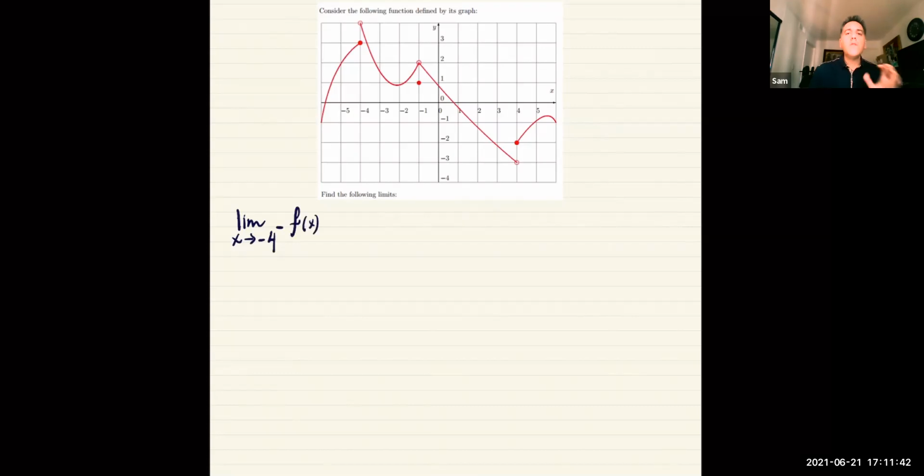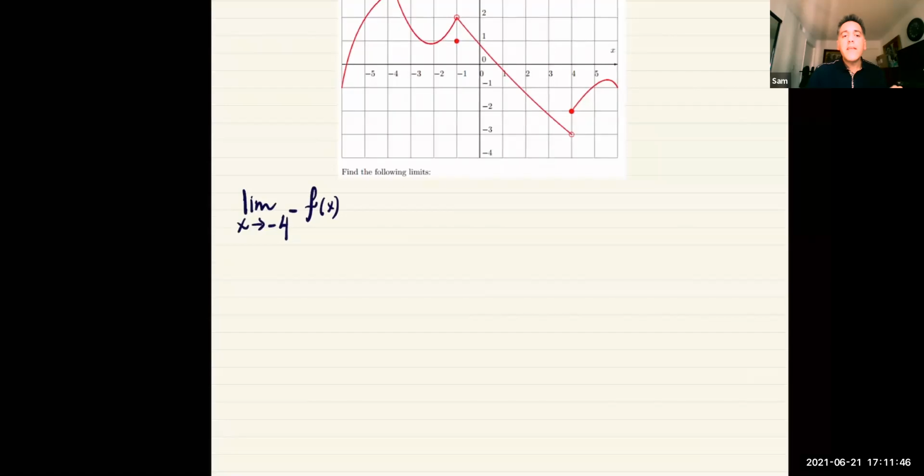So again, do not confuse the indicator with a sign. This is not a sign. That is an indication. This doesn't have a sense of value attached to it. This does. This is -4. This reads as the left of -4.